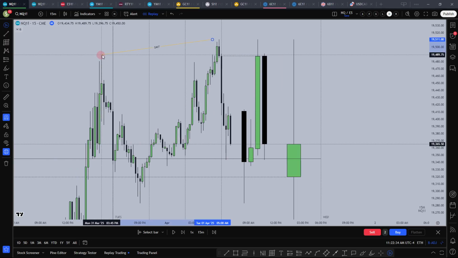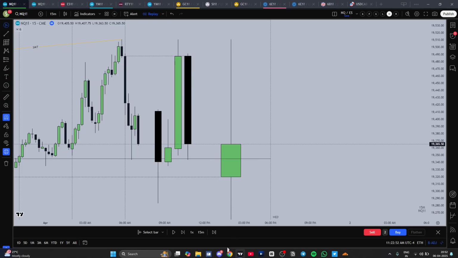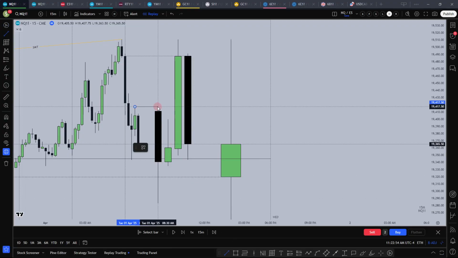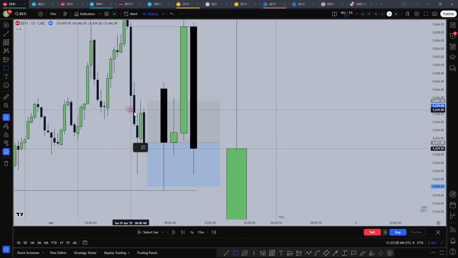Otherwise, I would have taken it on ES. I don't know why I do this sometimes. The asset which is looking too good to me, I don't trust it based on the other asset, but I'm okay. I still was able to frame with missing this entry, but because I did think that this high would get swept on NQ, at least ES could have stayed protected this internal level.